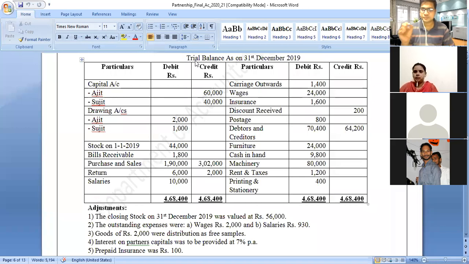Now, friends, I want to share one important point. Whenever you record the capital value, we record it on the liability side. And I already informed that drawing we have to deduct from capital.